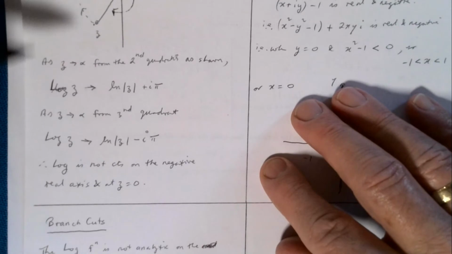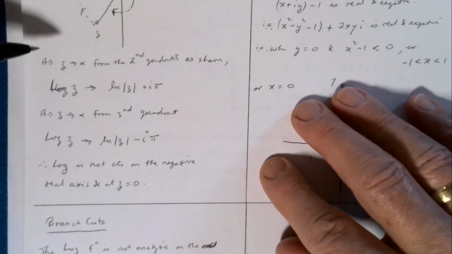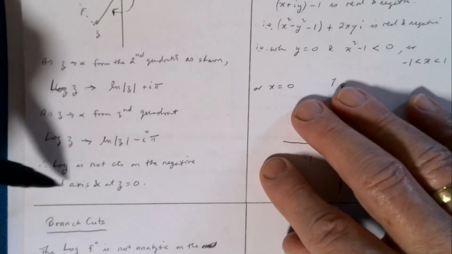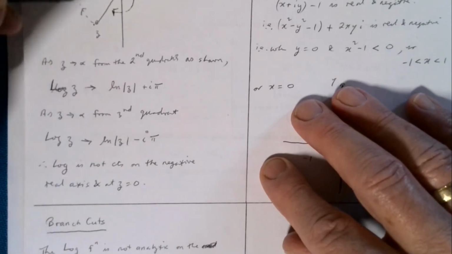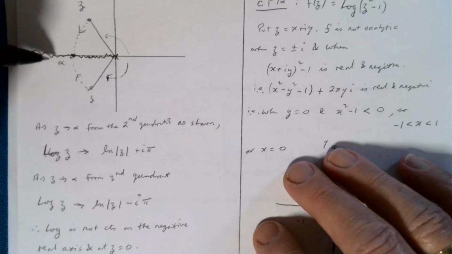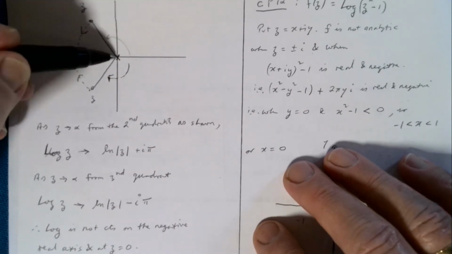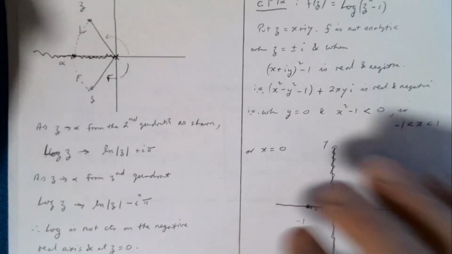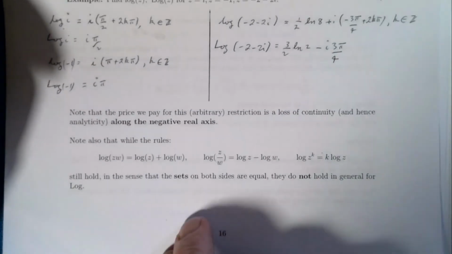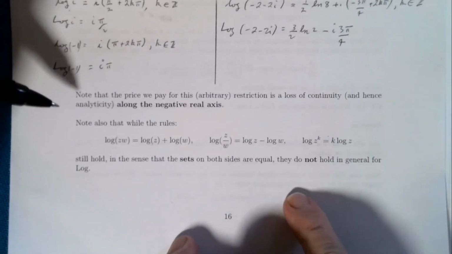So that tells me if we take limits from two different directions, we get different answers. So the log is not continuous on the negative real axis. That's all the way across here. And of course the logarithm of 0 is not defined. So that just gives a little hand-waving exercise as to why we've lost continuity and analyticity along the negative real axis.